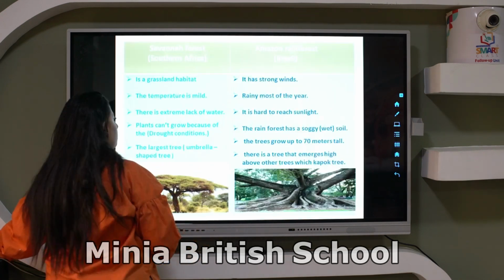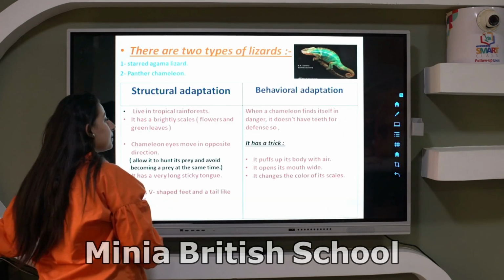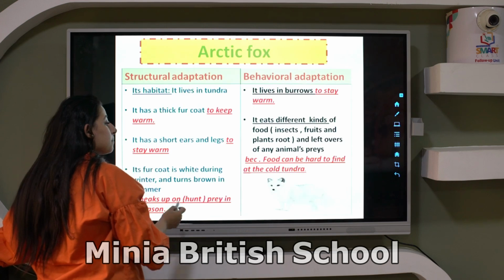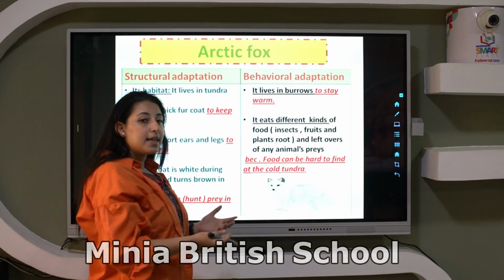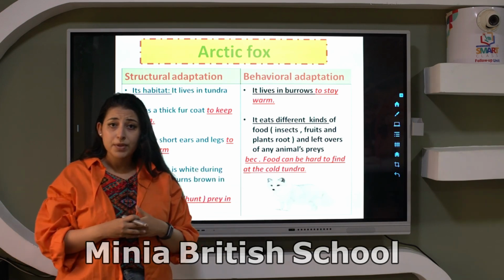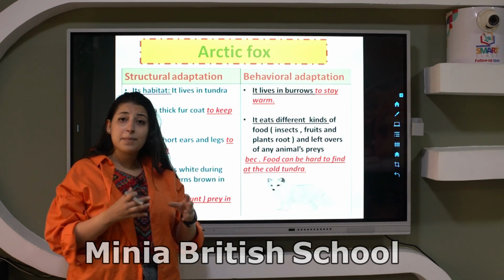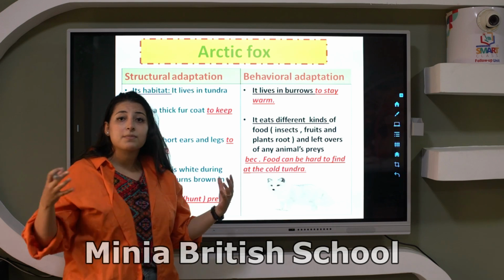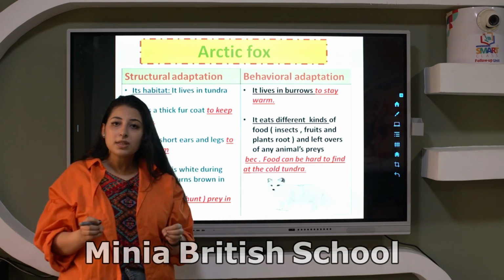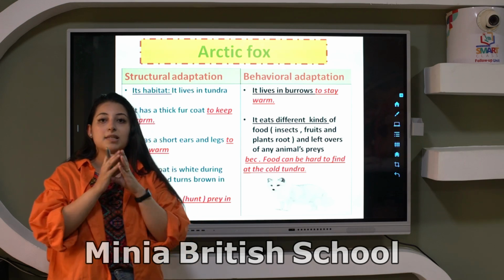So how do these animals adapt to their environments? God created for them a white fur coat to keep their bodies warm. Can these animals make their coats by themselves? No, only God controls these structures.